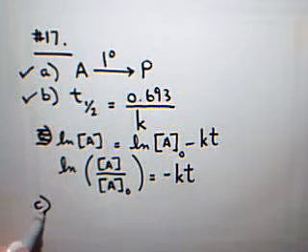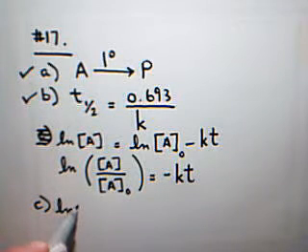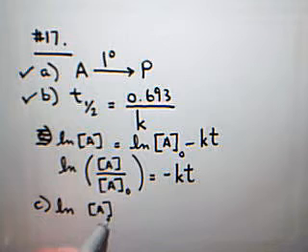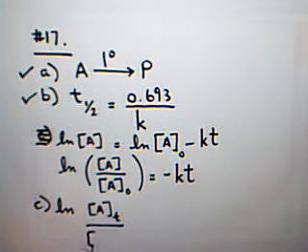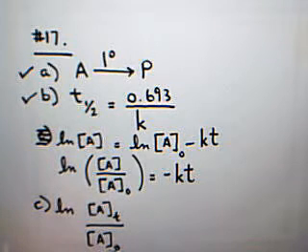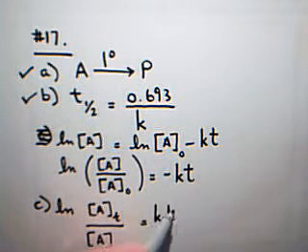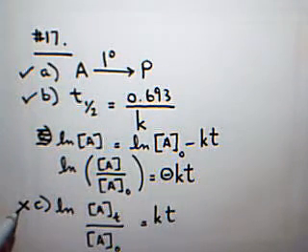Now let me write down what they have written for C. They have written the following, that the ln of A at time t, that's fine, that's what that implies, over A initial is equal to KT. Well, right away they have forgotten the negative sign, so that's incorrect.